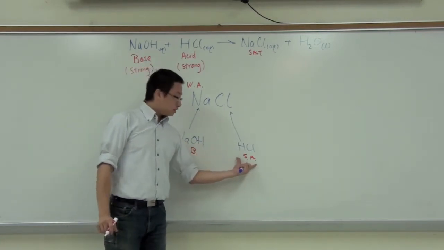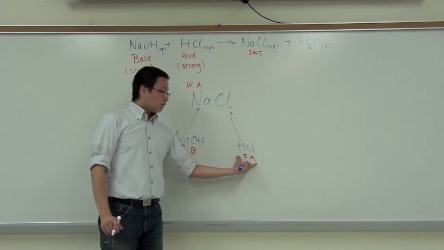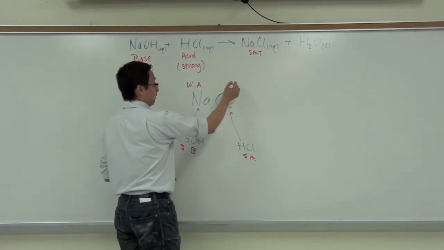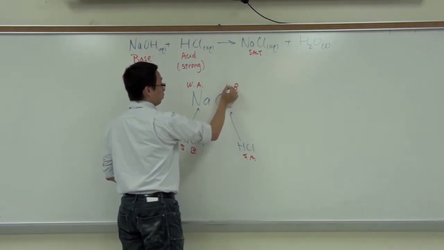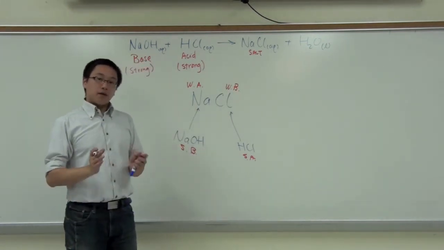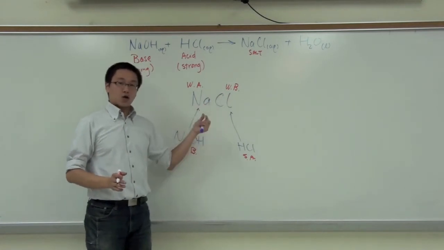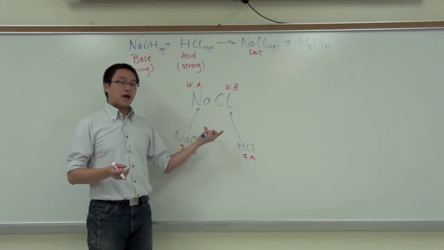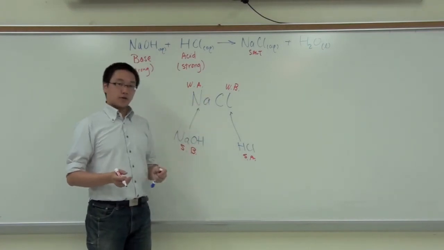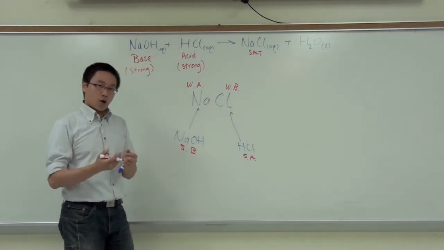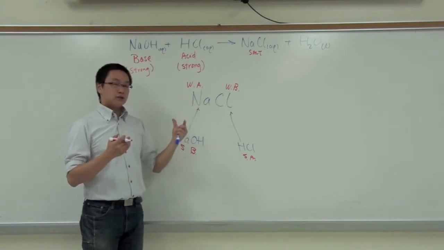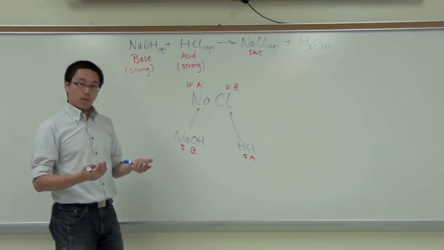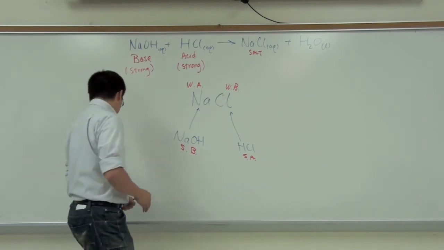On the other hand, we have a strong acid, so the conjugate will be a base, and it will be a weak base. Because both of these ions are so weak, they will not have a reaction with the water. So this is how we approach a salt and determine whether it will make a solution neutral, acidic, or basic. Now here comes another example.